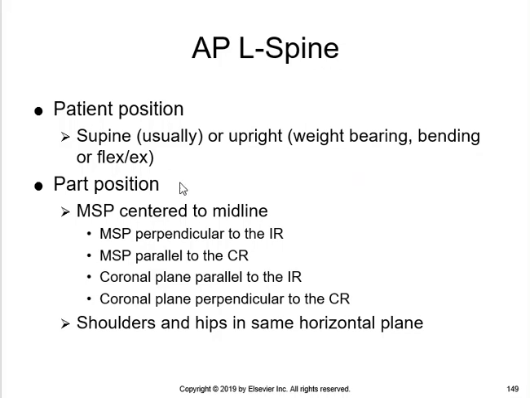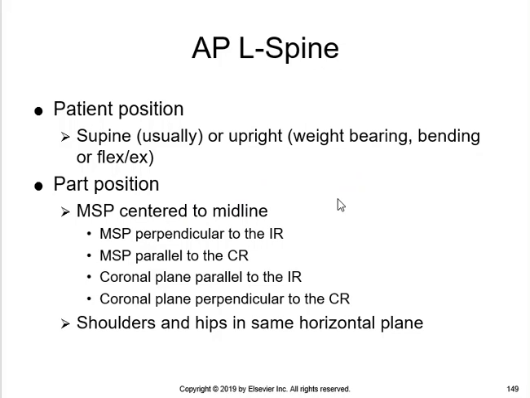So for the AP, our part positioning, we're going to have the mid-sagittal plane centered to the image receptor, which is going to put the mid-sagittal plane perpendicular to the image receptor and parallel to the central ray. Your coronal plane is going to be parallel to the image receptor and perpendicular to the central ray.